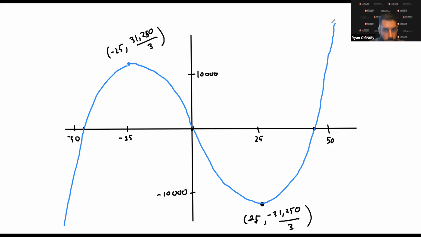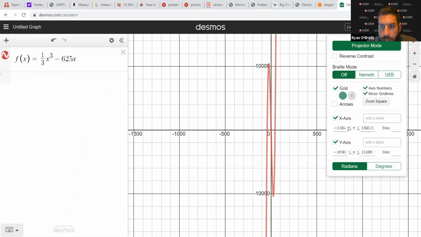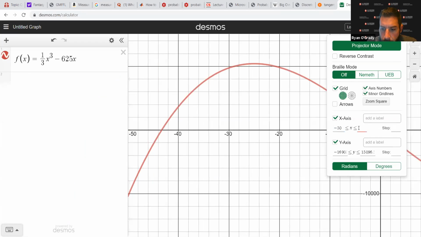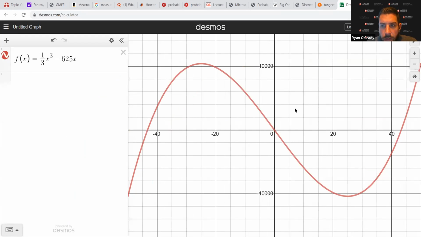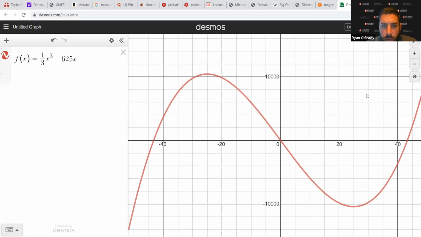Okay, so here's what we can do. Now we can go visualize this on Desmos. We can move our scale around, so we know what our scale needs to be to see what's happening. Our x-axis should be between something like negative 50 and 50. And there you go. So that picture is very much similar to what we just did.